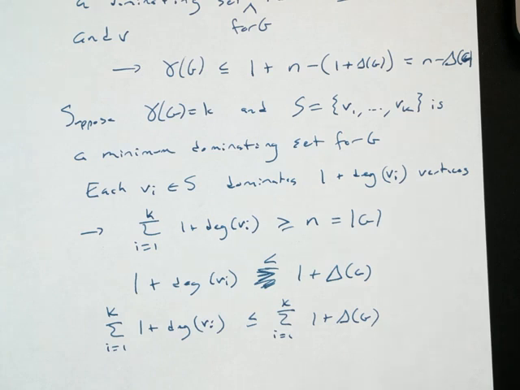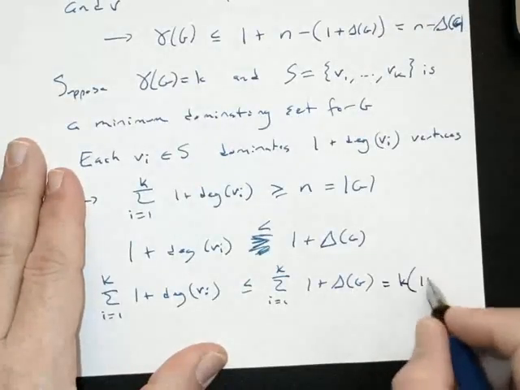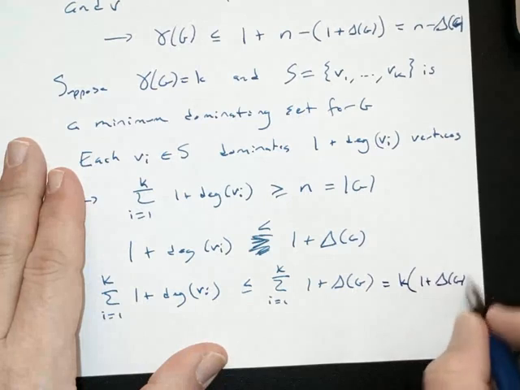Chapter 2, Section 4 of the discrete book, Calc 2, or what I hope is a stupid question. I have k copies of the same number. What's the total? k times that number. But k is our domination number.